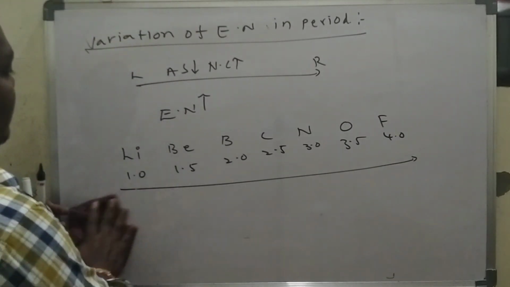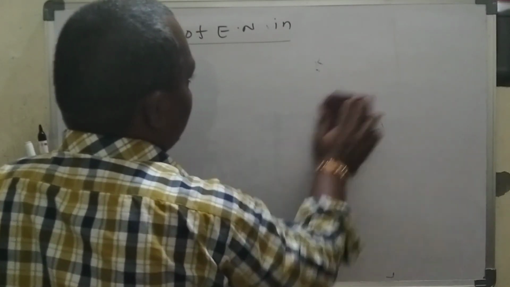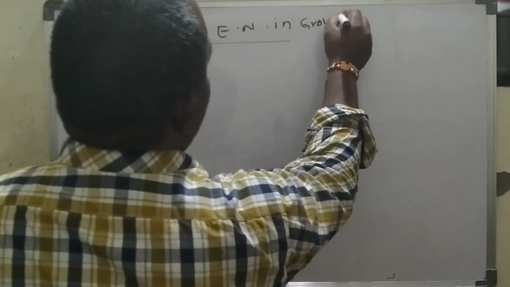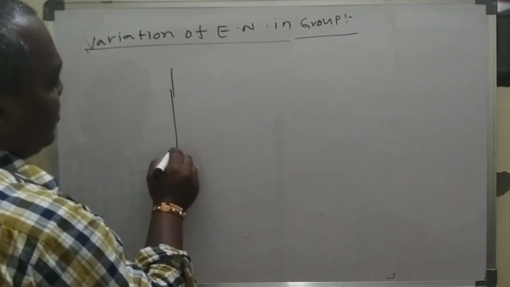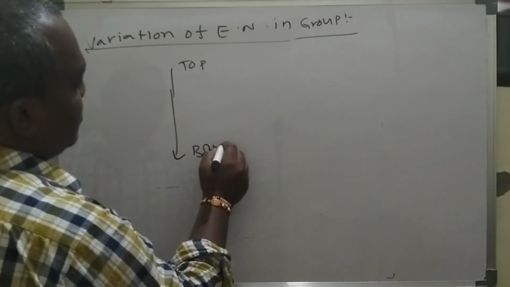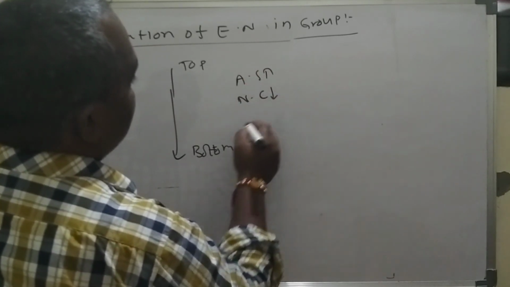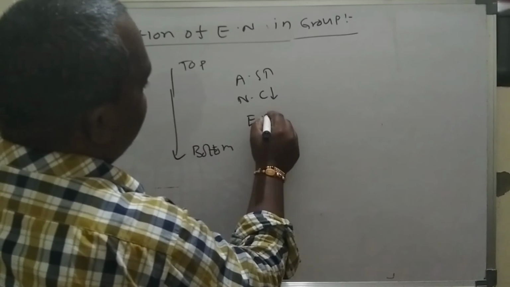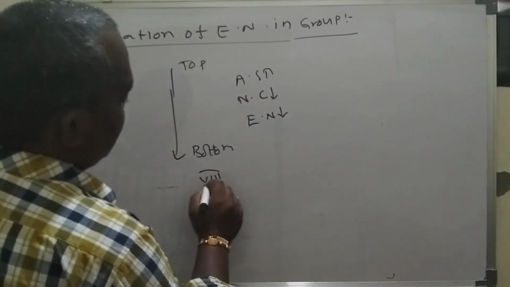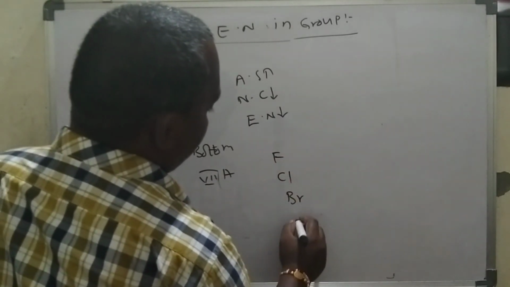Now the next one is variation of electronegativity in the groups. Generally, going down the group from top to bottom, atomic size increases, nuclear charge decreases, then automatically electronegativity also decreases. Take the 7A group elements: fluorine, chlorine, bromine, iodine.